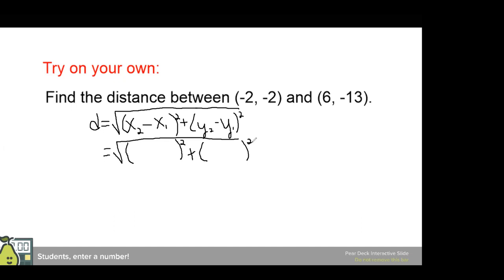All right. Anybody help me out, get started just a little bit? What could I plug in? What do I do? I can tell you. Okay, so if I label this my X1, this my Y1, here's my X2, here is my Y2.